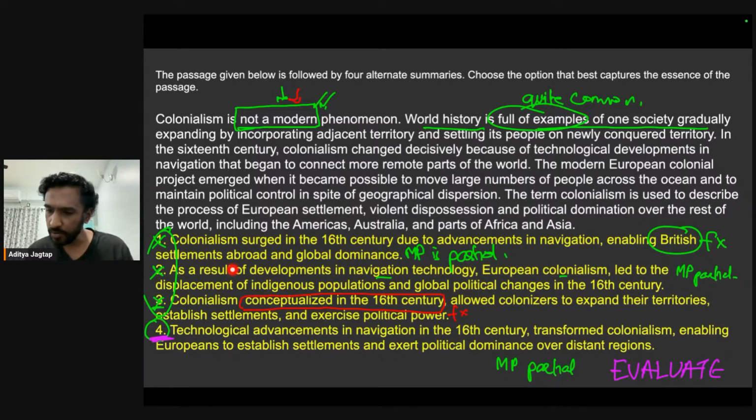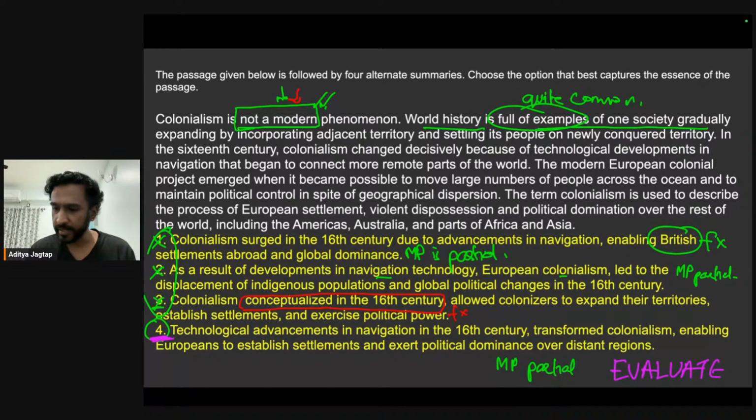As a result, even though the words just like due to are the same, it doesn't communicate that a change was necessary, a change was created in whatever was the concept of colonialism. So it's problematic, and it doesn't cover this idea that colonialism is not modern. So two we eliminated again for very specific reasons. With three also we had very specific reasons, and even the four was still sort of problematic.